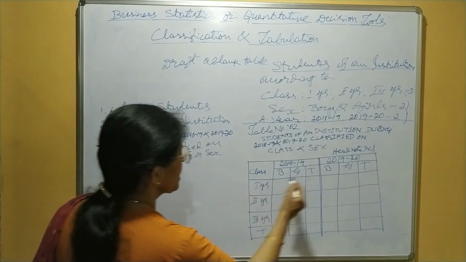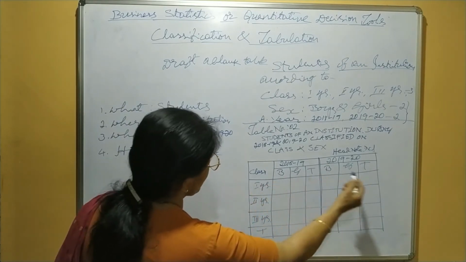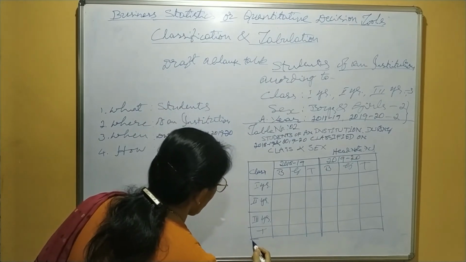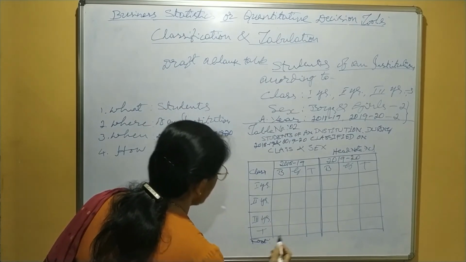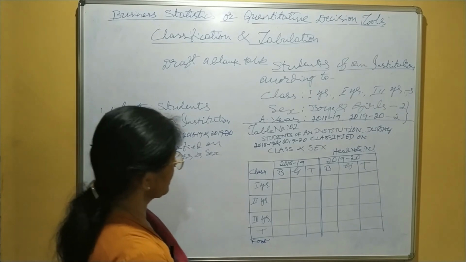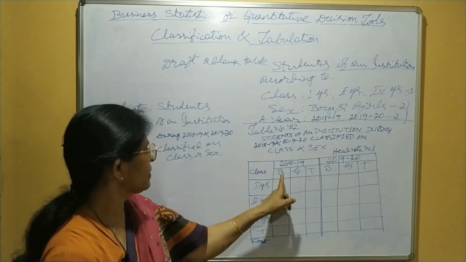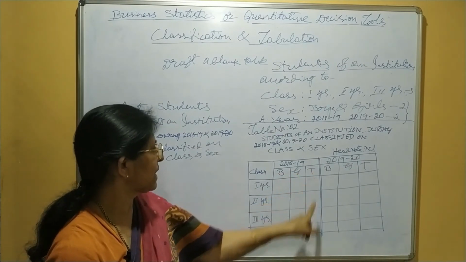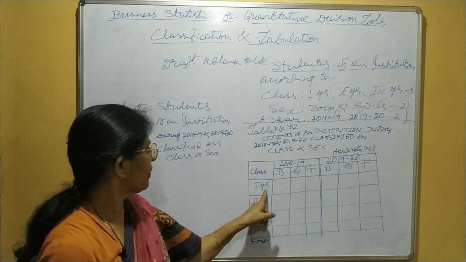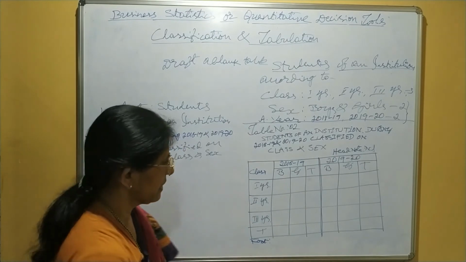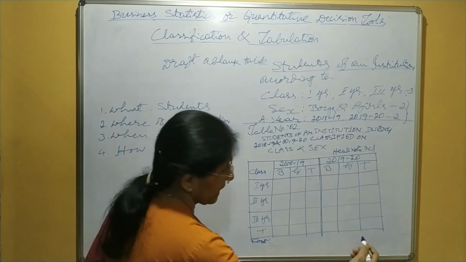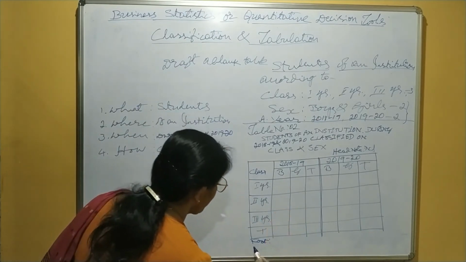And even here we have used abbreviations. In the footnote you have to write the expansion for the abbreviations as taken in the previous problem: B equals boys, G equals girls, T equals total, and YR equals year. I need not write that again, same as we have taken in the previous problem.